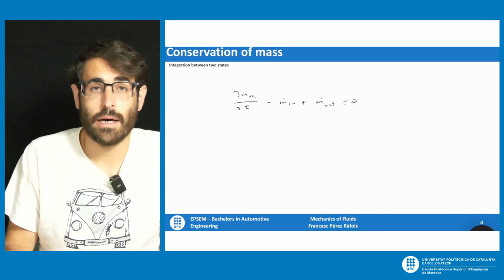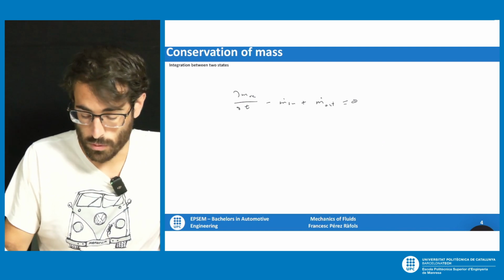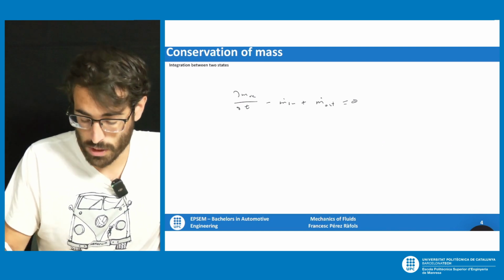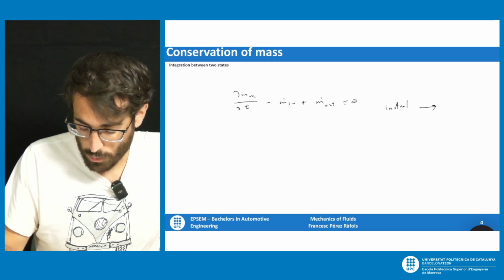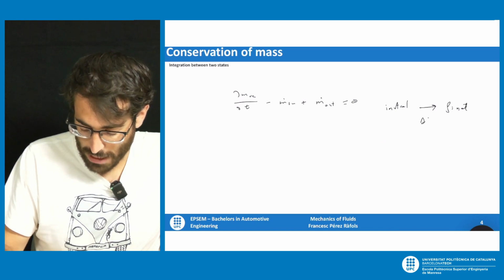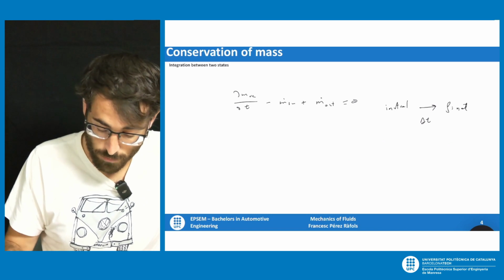That's written in the form of a differential equation. But say that instead of continuous, we have an initial state and we're moving towards a final state, over a certain delta t, say 1 second, 1 hour, 1 year, whatever.